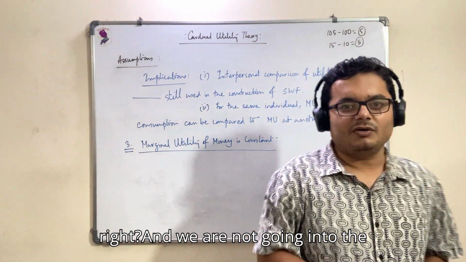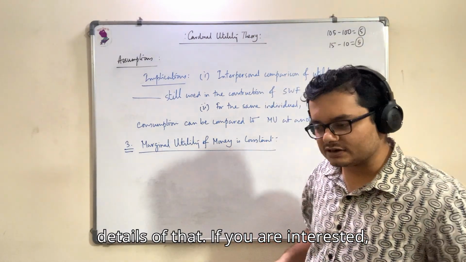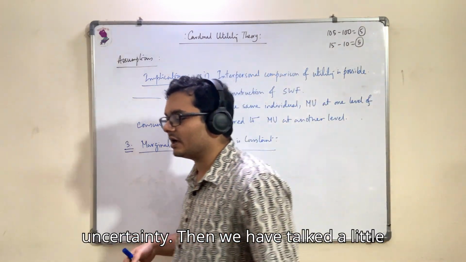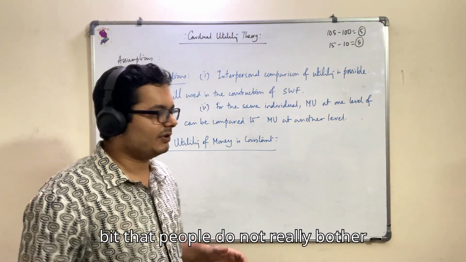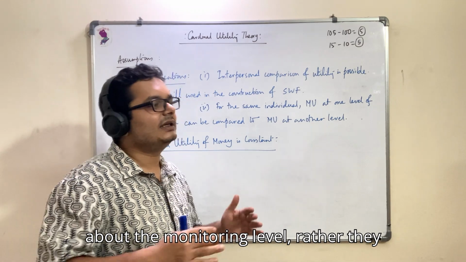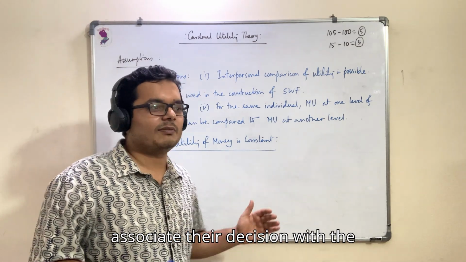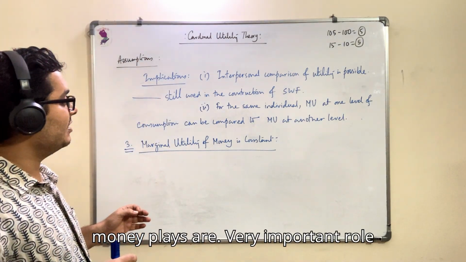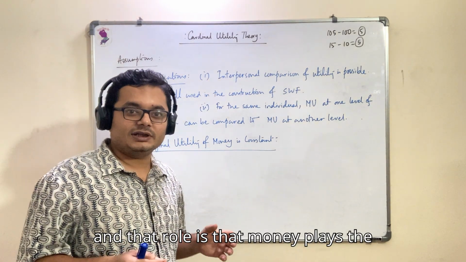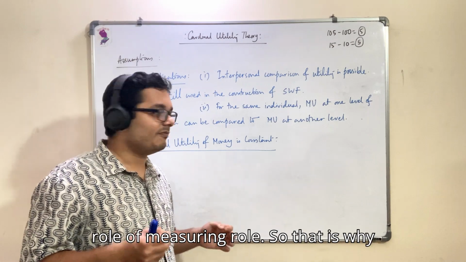And we are not going into the details of that. If you are interested, you can always check the video on uncertainty. There we have talked a little bit that people don't really bother about the monetary level, rather they associate their decision with the marginal utility of money. But here, money plays a very important role, and that role is that money plays the role of measuring rod.